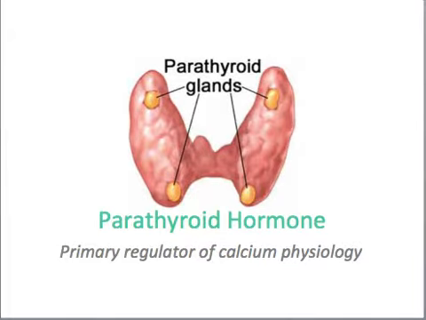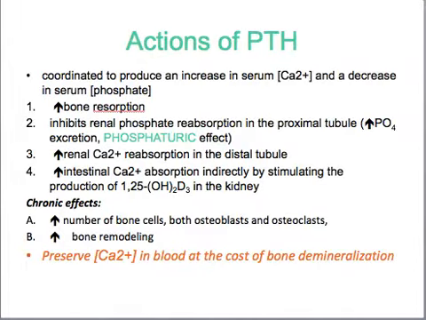We talked briefly about PTH in the earlier slide. Just to reiterate, your PTH coordinates the increase in serum calcium in the plasma and a decrease in the serum phosphate.